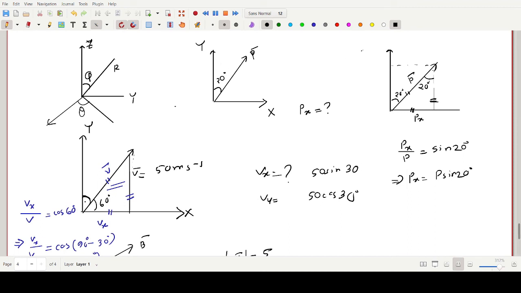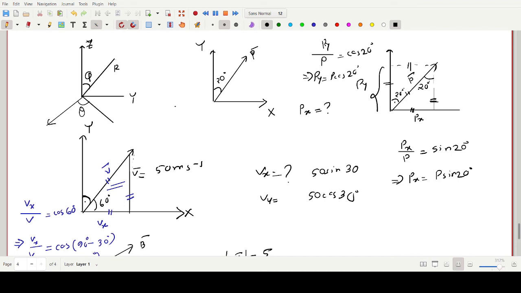And here this is theta, so this is the perpendicular and this is the base, which is Py. So Py, base divided by hypotenuse, equals cos 20°. From here we can write Py equals P cos 20°.